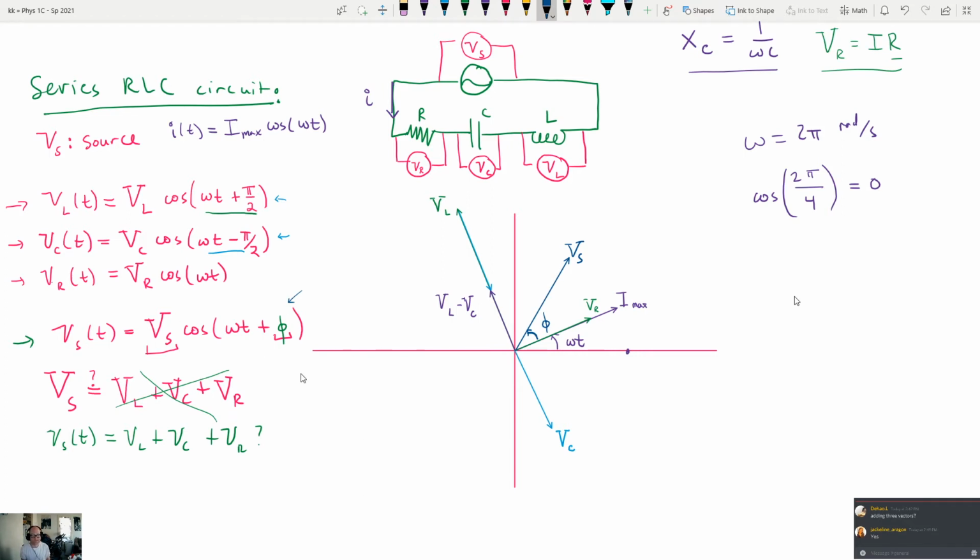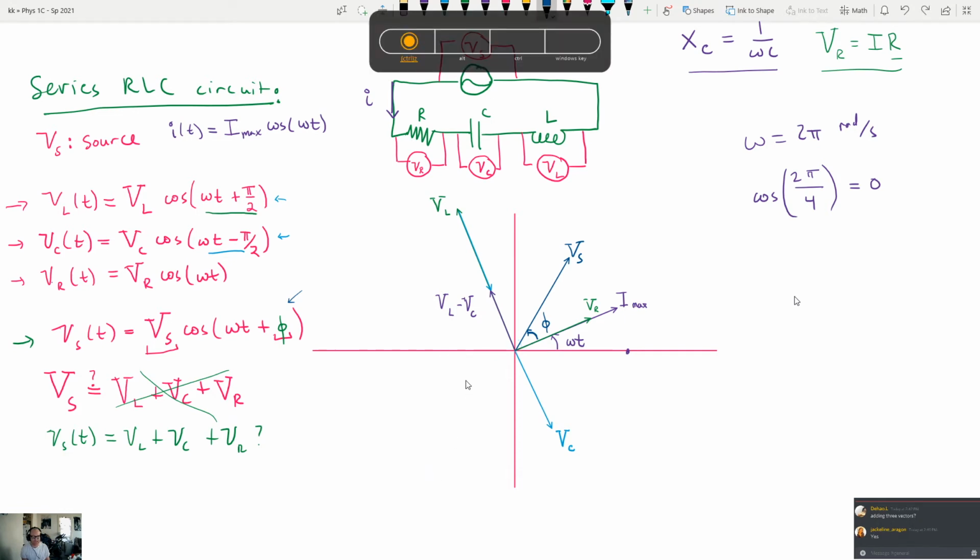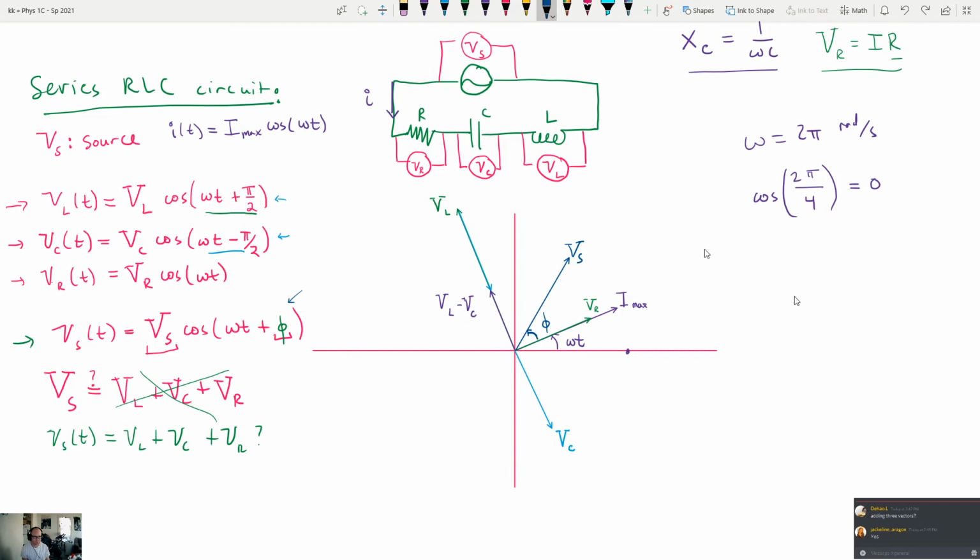Now, before we get into that and talk about what V-source is, let's start to put all these things together. On my picture right here, I basically have a right triangle. And I can make the following statement. V sub s should be equal to V sub R squared plus this vector squared, right? So let's write that over here.